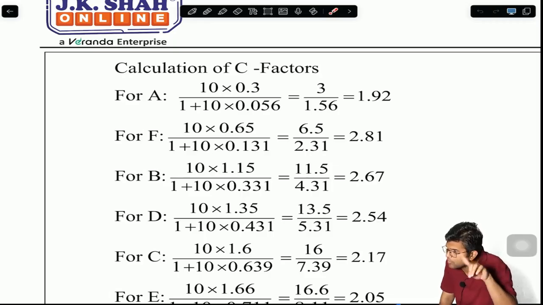The whole upon 1 plus, again sigma m square, 10 into, is the cumulation B coming to 0.056? Put numbers, get the answer. Now check for F. Is the cumulation A coming to 0.65? Cumulation B 0.131. You understand from where I am getting the numbers?